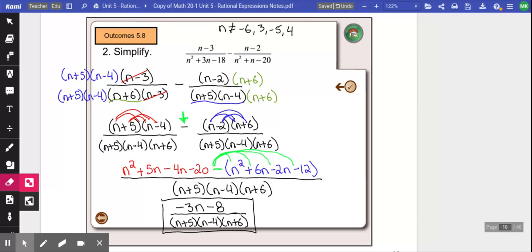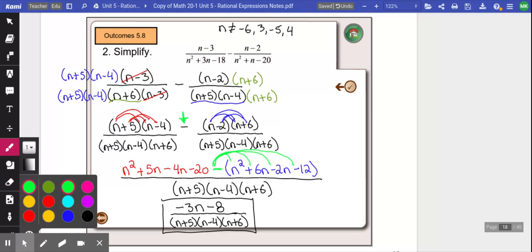I multiplied on the top in the red and the blue. Notice that I highlighted the subtraction in green. That negative sign has to go to all of these, making it negative n squared, negative 6n, plus 2n, plus 12. Right? And then you can combine all your like terms. But that negative has to come in to the brackets.